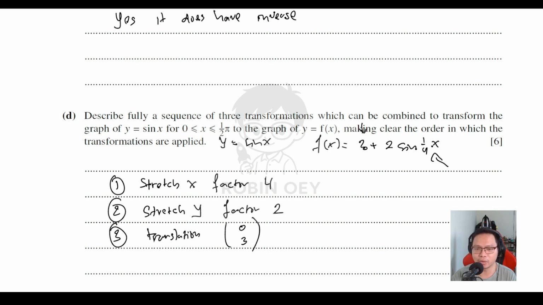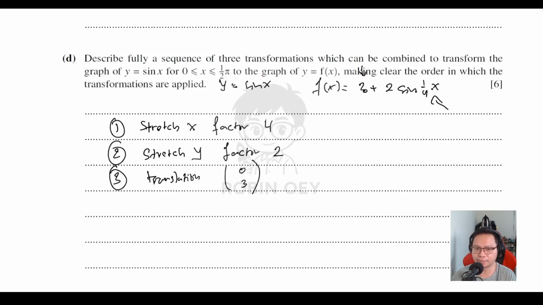So 0 in x and 3 in y. The final transformation: first, stretch x with factor of 4, remember to flip. Then stretch y with factor of 2, you don't need to flip. And translation in y, no translation in x.